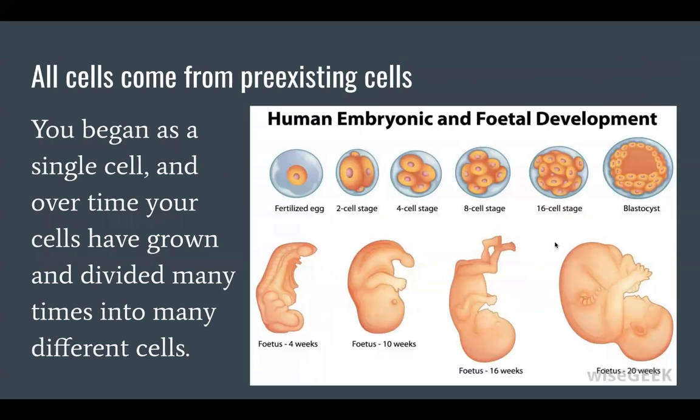From the time of the ancient Romans until about the 1800s, people believed in something called spontaneous generation. People believed, for instance, that dirty clothing could lead to the development of mice.